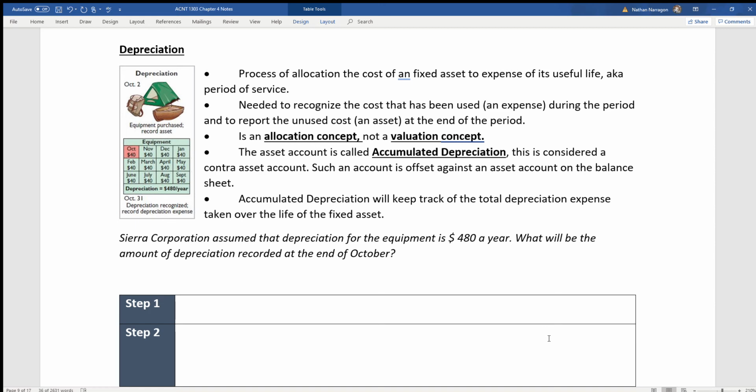So we get to allocate the cost, or basically the part that we end up using of that asset. In the period that we've used the asset, we need to recognize the cost of the item. So this again is an allocation concept. It's not a value concept.